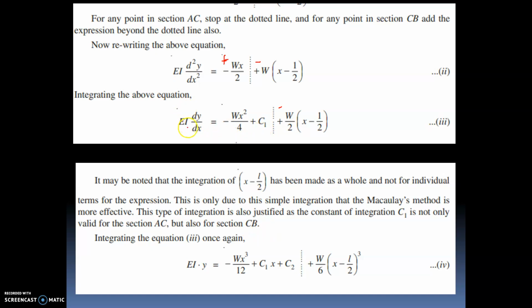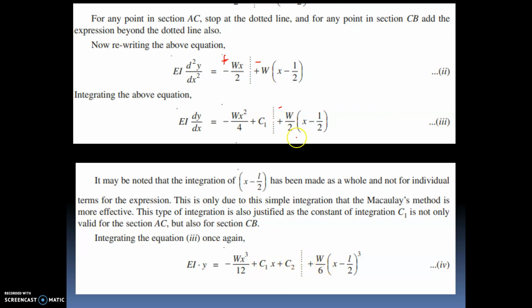EI into y equal to, integrating x square gives x cube by 3, so w x square becomes w x cube divided by 4 into 3, 12, plus C1 into x, plus one more constant, C2.